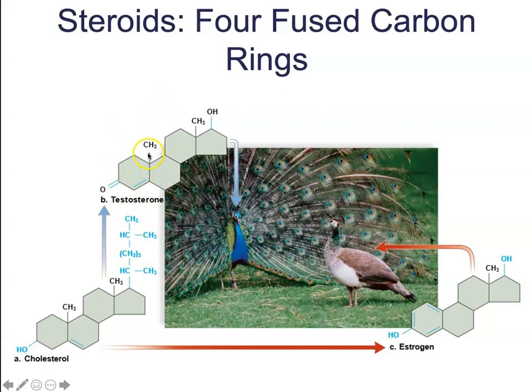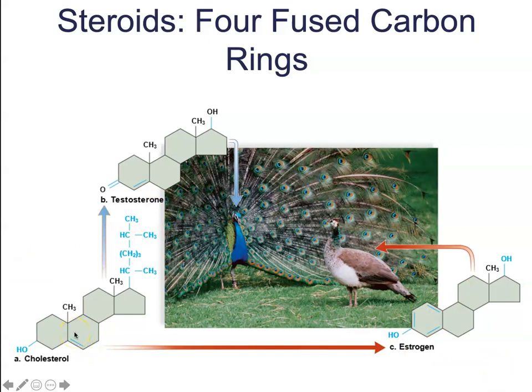Testosterone has a double bond oxygen over here, a ketone, with a methane group off to the side. Estrogen does not. Estrogen has a hydroxyl group and no methane group right here, and that's it. That's the only difference. Those 2 different functional groups make all the difference between testosterone and estrogen, and both of them are formed from cholesterol.